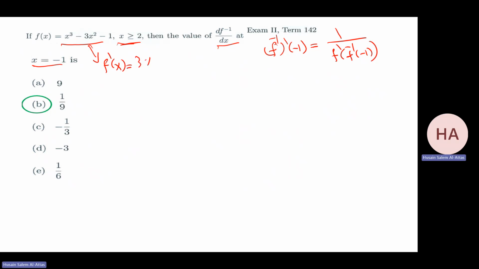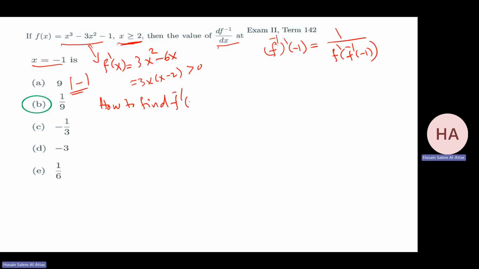It will be 3x squared minus 6x, which I can do as 3x times (x minus 2), which is always positive under this one. So increasing and continuous differentiable, so it's 1 to 1.